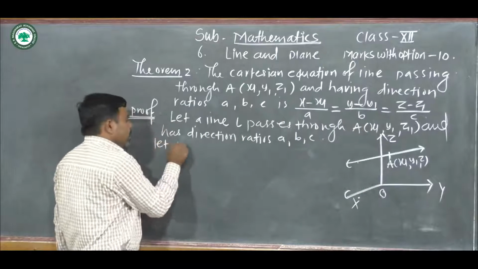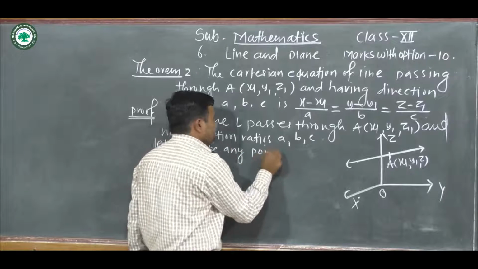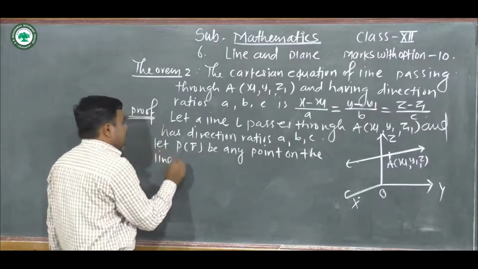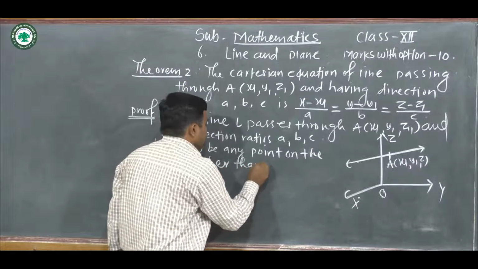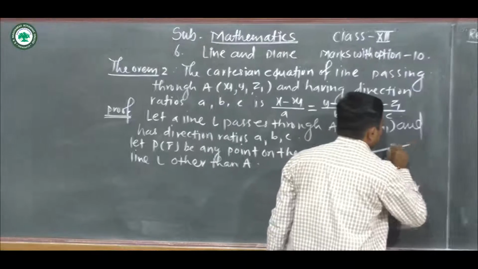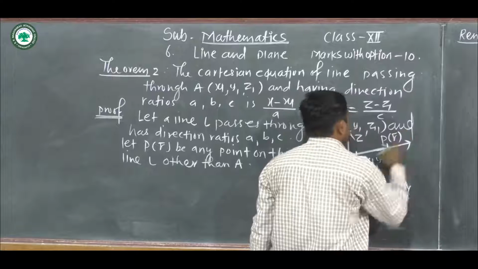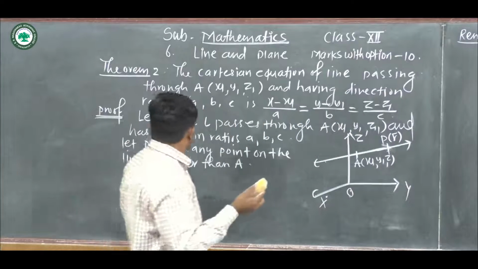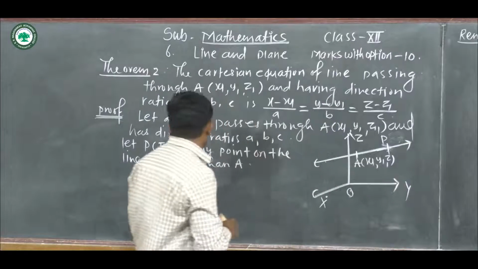Let P with position vector R bar be any point on the line L other than A. So if that point P is here, this is the point P with position vector R bar, or the point P with coordinates, because in this we have to study the Cartesian equation.